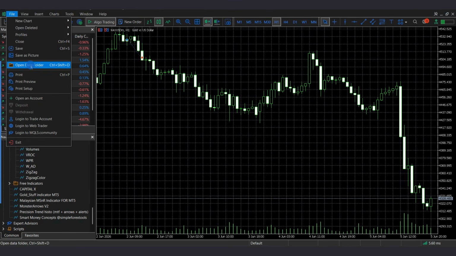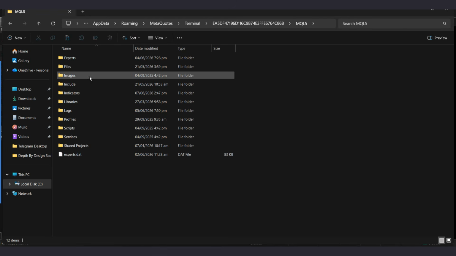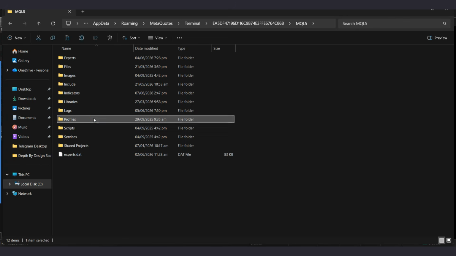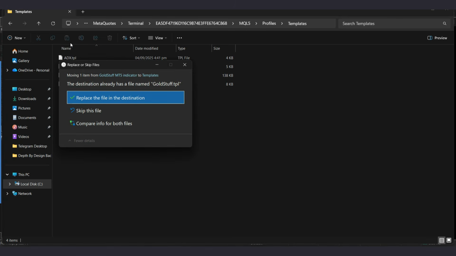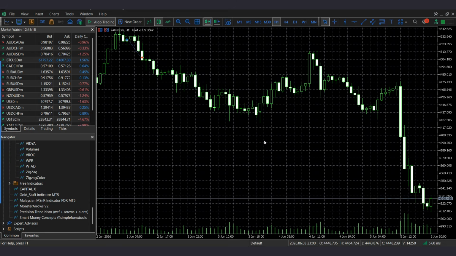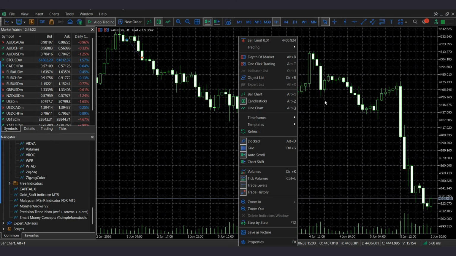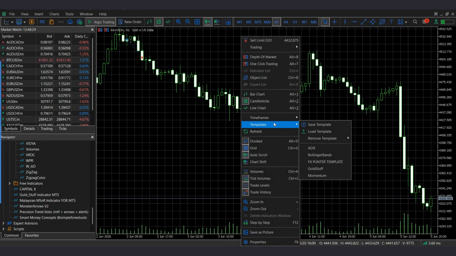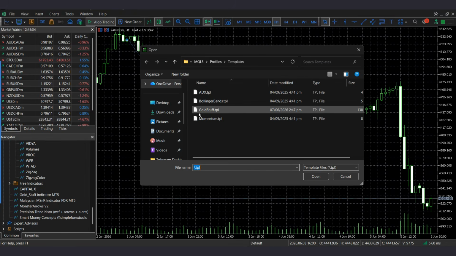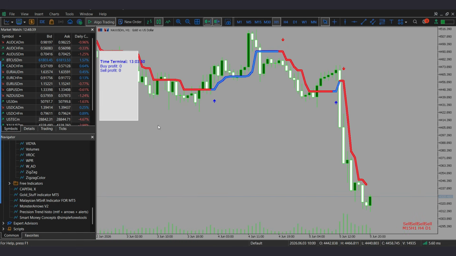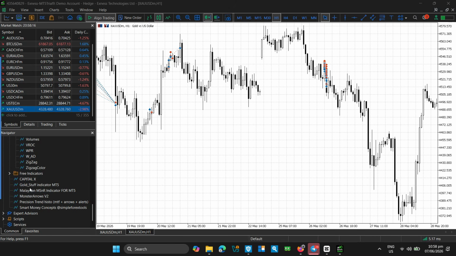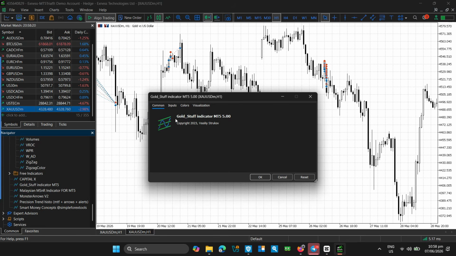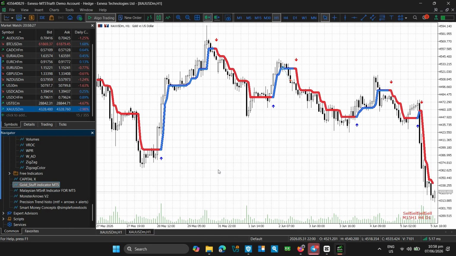Go to File, go to Open Data folder, MQL5, Profile, enter the templates and paste it there. Here's the trick: if you open the gold pair in the 1-hour chart, right-click the chart and press Load Templates, then choose GoldStuff. It will automatically put the indicator and the custom chart colors for you. Or, open the chart, click the indicator and press OK. Boom, you got it.